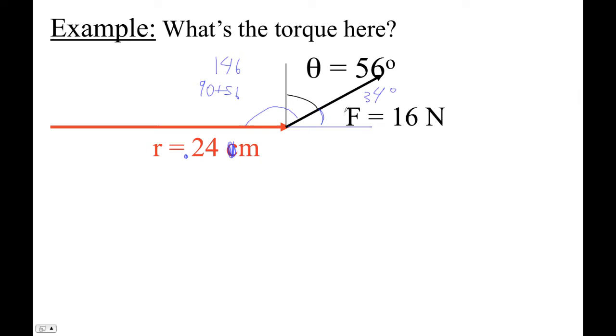Either one of those works, and the reason they work is that if we draw a careful unit circle here, they're supplementary angles, here's your 34 degrees and here's your 146. They have the same sine because supplementary angles do have the same sine. Luckily I'm not your math teacher.